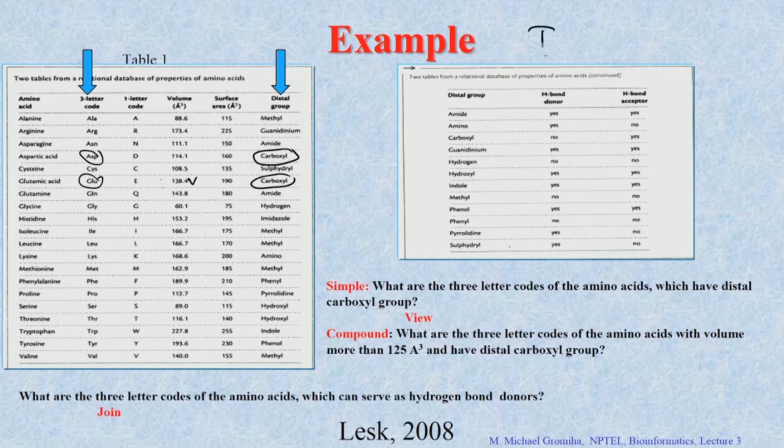So, hydrogen donors. What are hydrogen donors? For example, take this, yes, and the amide. Then go here with the amide; this amide is here and the 3-letter code is this one. So here you need to join.